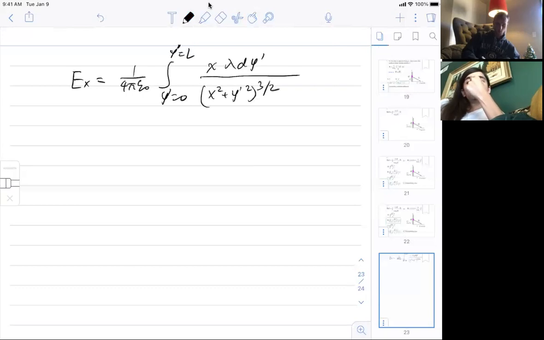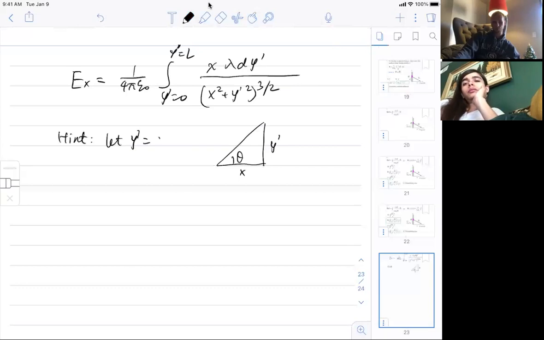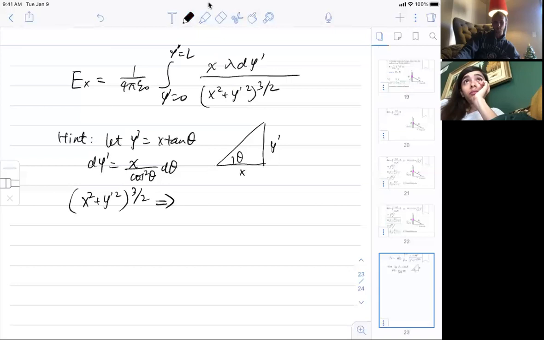So the hint is, by looking at this, x and y prime, I will let y prime be x tangent theta. So I change my dy prime to x over cosine squared theta d theta. And this thing became x to the power of 3, 1 over cosine theta to the power of 3 over 2.